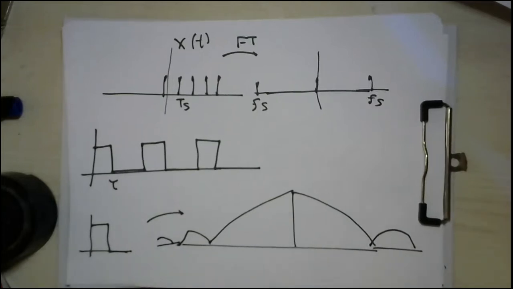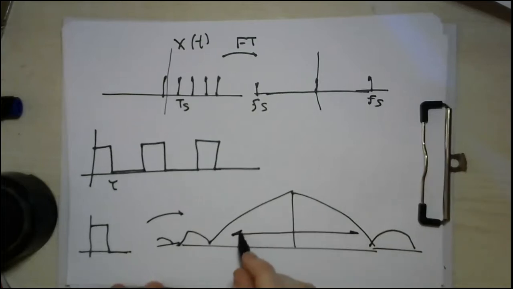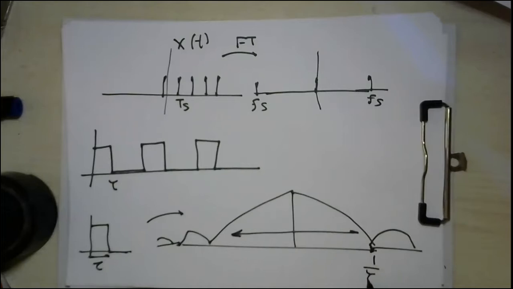Again, you might ask me, why did you make this sinc function too wide? This is simply because this tau is too small. And the first zero here, if you remember, is proportional to 1 over tau. Again, it's a reciprocal domain. So whenever you have a very narrow impulse or a very narrow pulse, you will get something which is more and more wide. Okay, great.